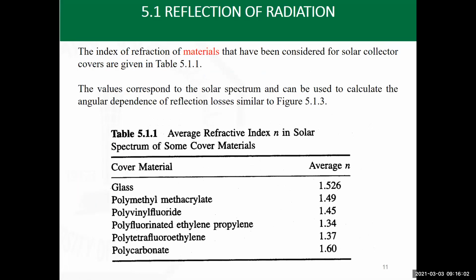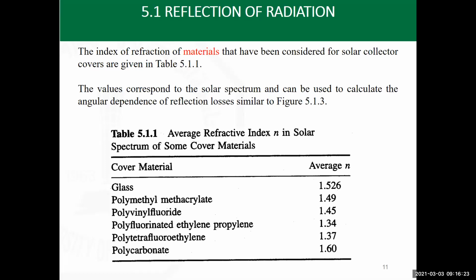It's not only glass which is used as a cover with solar collectors, but we have different types of materials with different refractive indices. Glass has a refractive index of 1.526. Polymethyl methacrylate has a refractive index of 1.49.